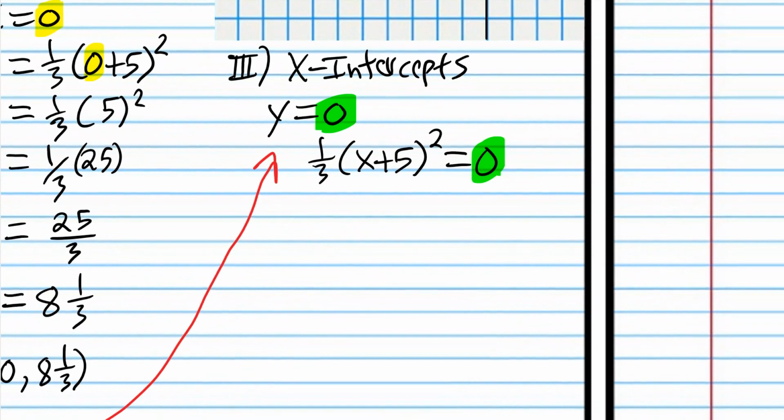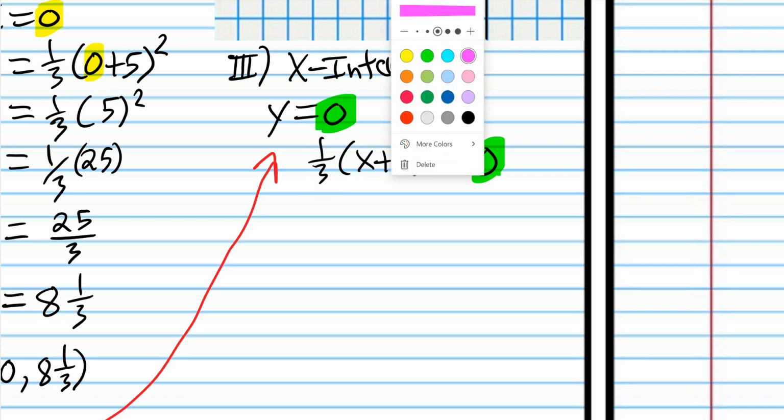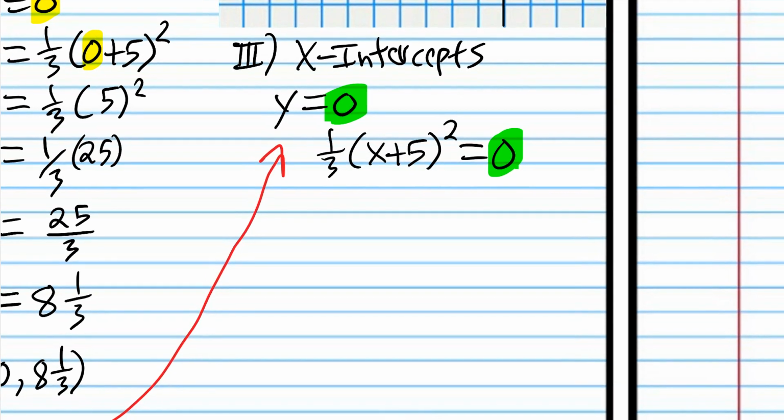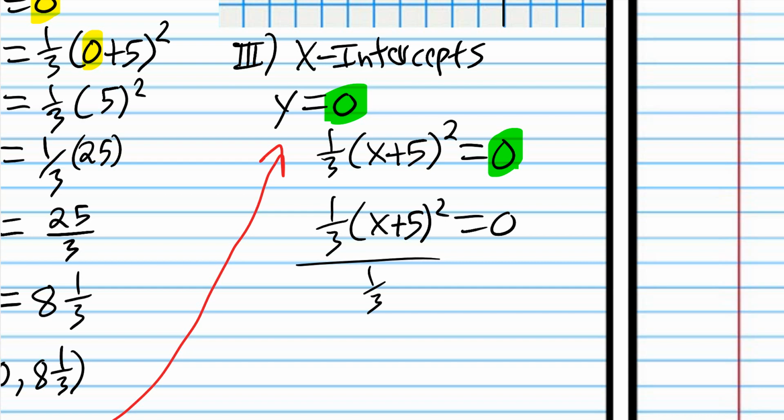Okay, at this point, there's a lot of different things you can do to isolate the square. We have to get this square by itself. It's not by itself because the 1/3 is next to it. So how do we get rid of that 1/3? Like I said, there's a lot of different ways you could do this. You could multiply by 3. That would get rid of it pretty quickly. But probably the easiest way for you to understand is just to divide both sides by 1/3.